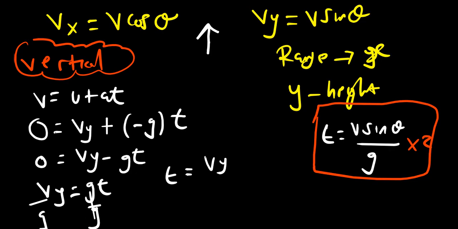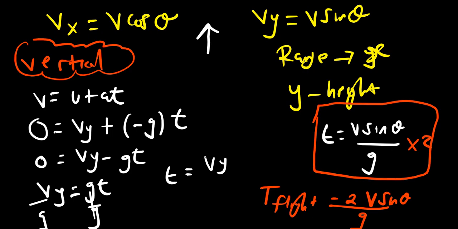Therefore, your t flight will just be 2 multiplied by your V sine theta over g. So this is another important equation that you need to understand, okay, if you're talking about your t flight.